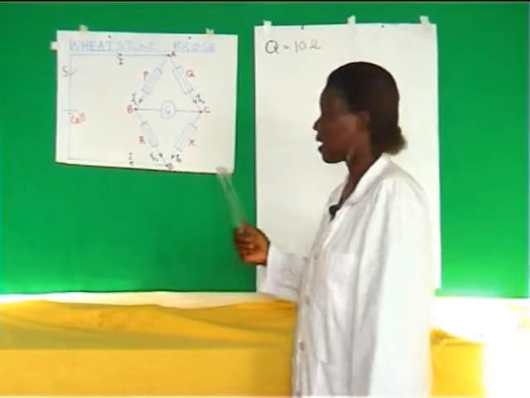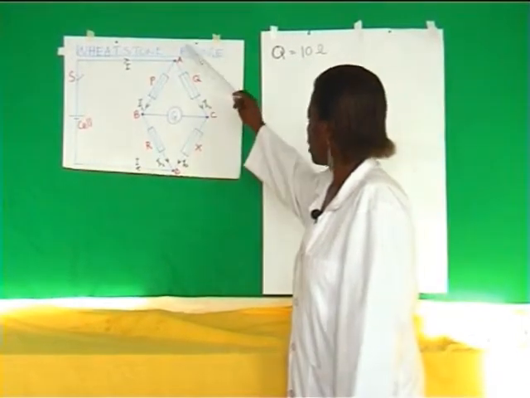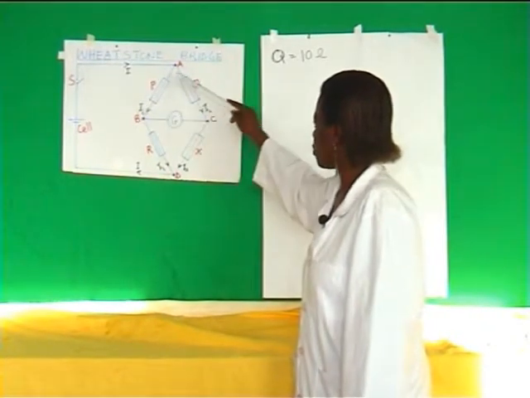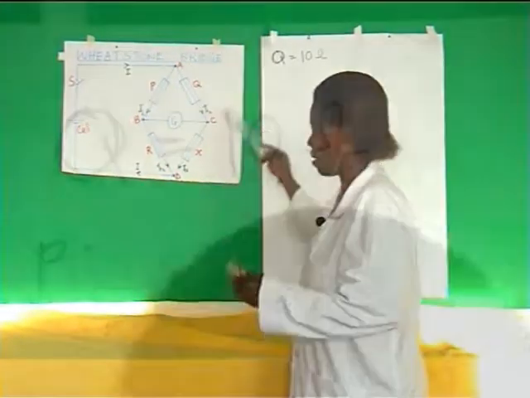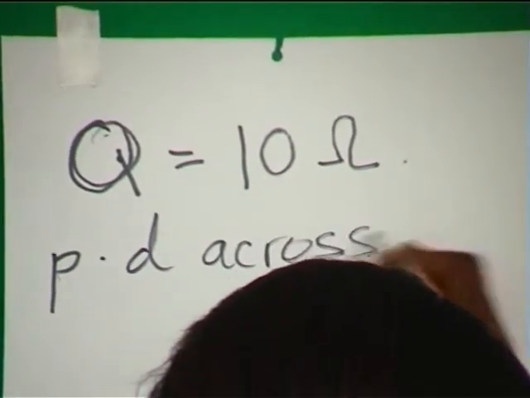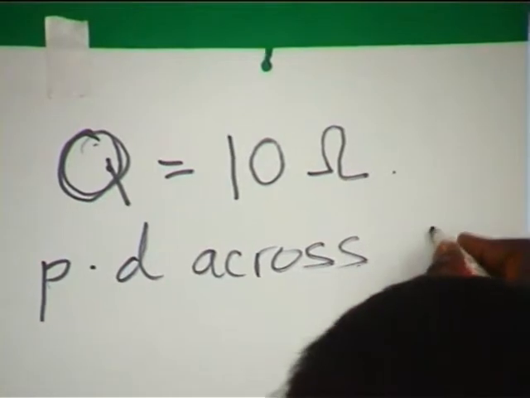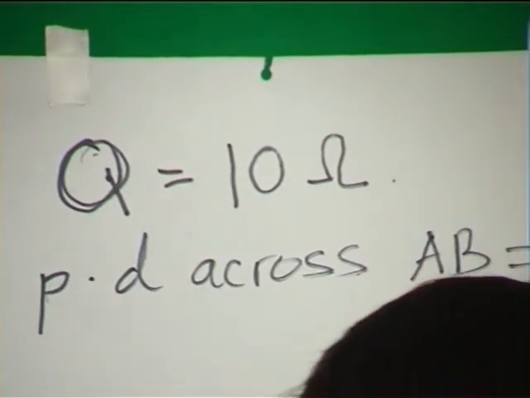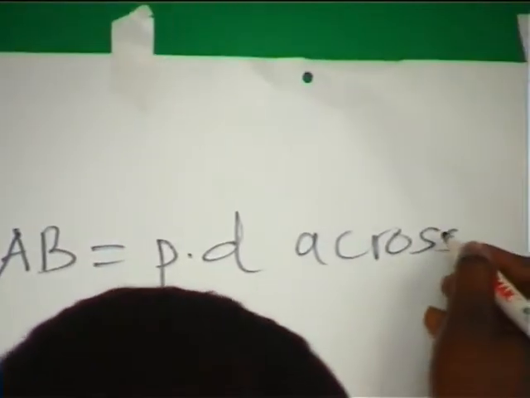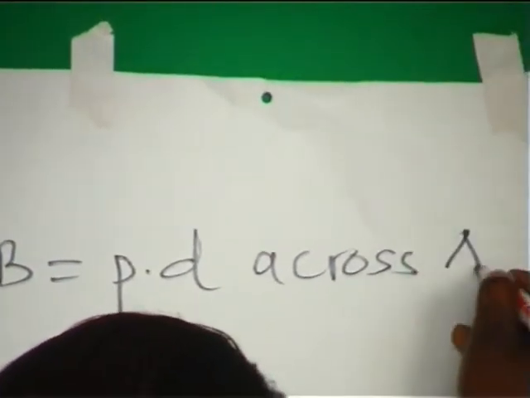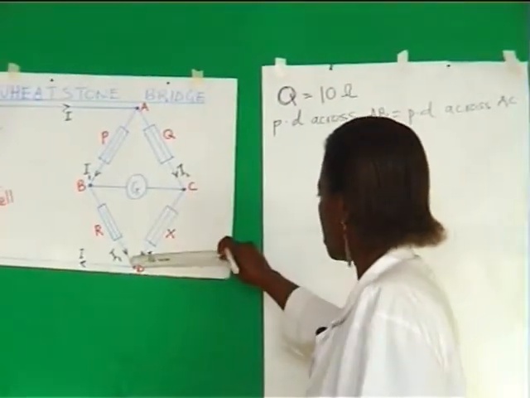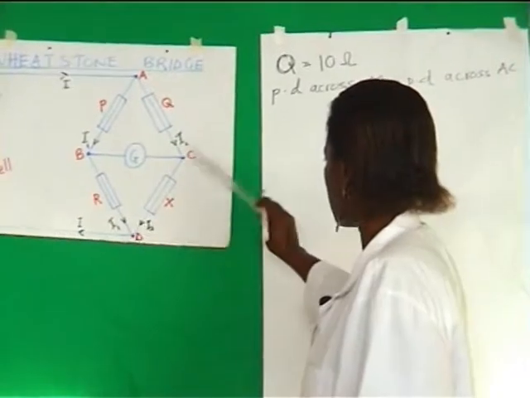Then, from the circuit diagram, the potential difference across AB is the same as potential difference across AC. And again, the potential difference across BD is the same as potential difference across CD.